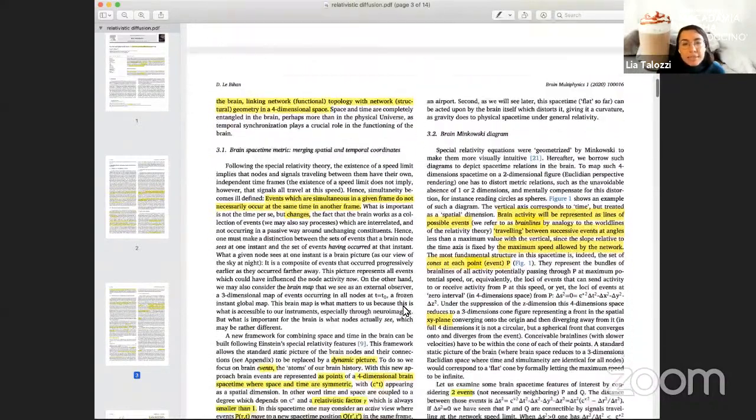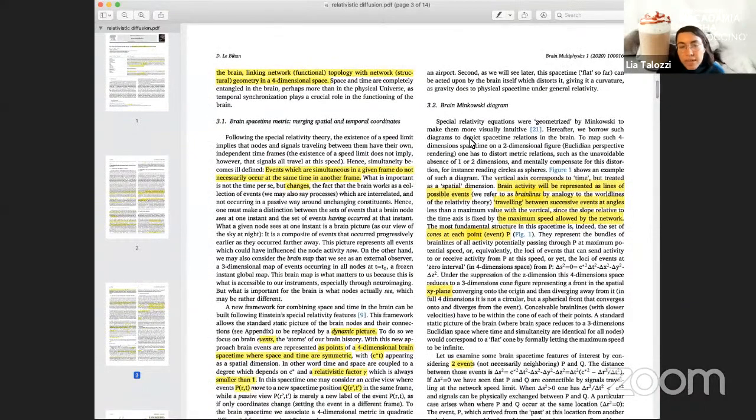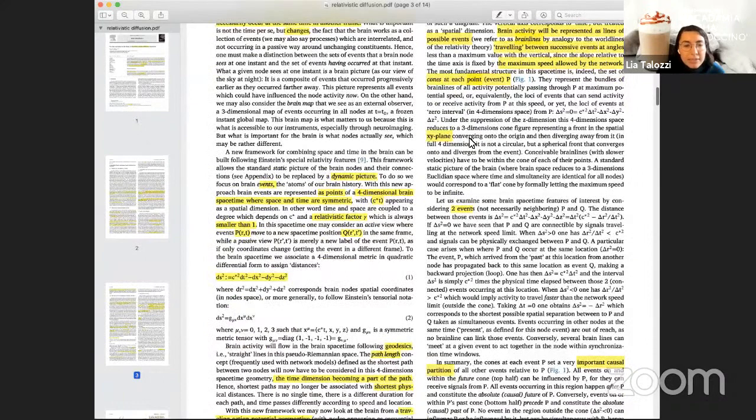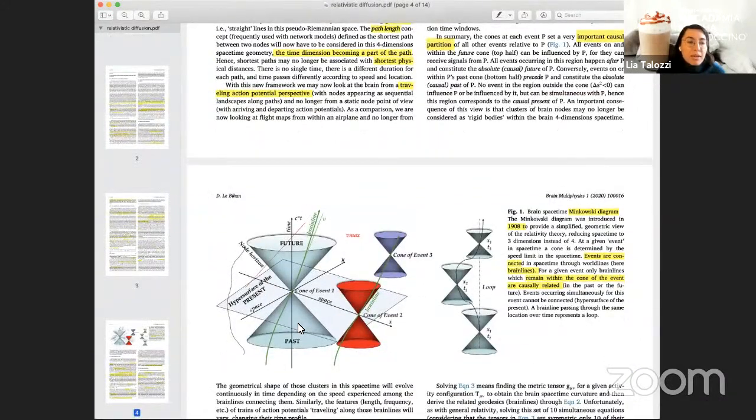And to do that, in this paper, he used the Minkowski diagram, which is a typical relativistic representation of events. So you have time in one coordinate, and here you have the space in x, y, and the brain line events, and these are the cones of events.